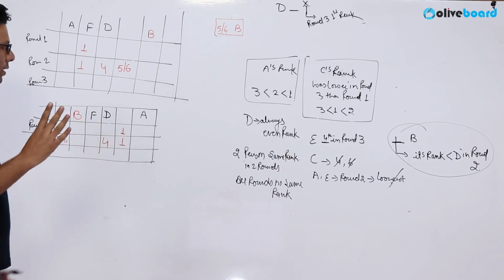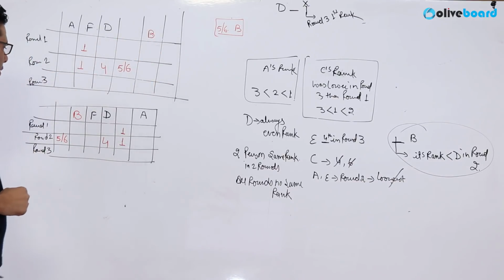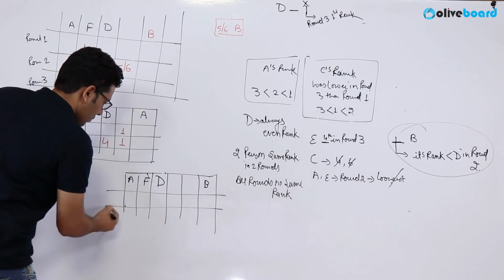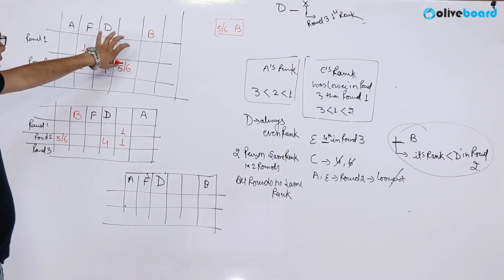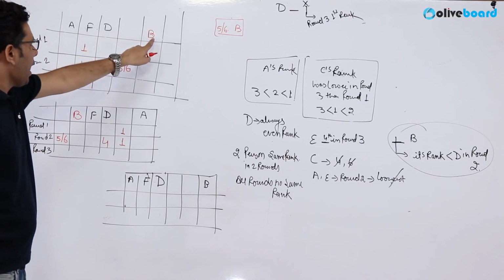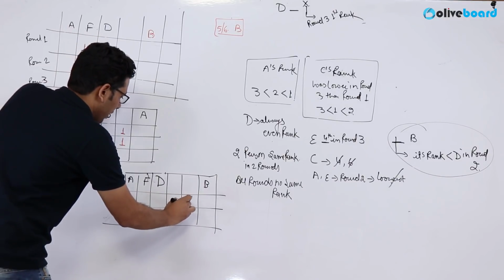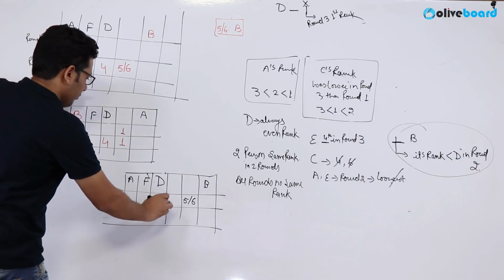Now I need to draw one more possible case of this one. Okay, let me draw. In this case, I'm going to split this case in which I can put the B here also, and then this rank would be my 5/6.